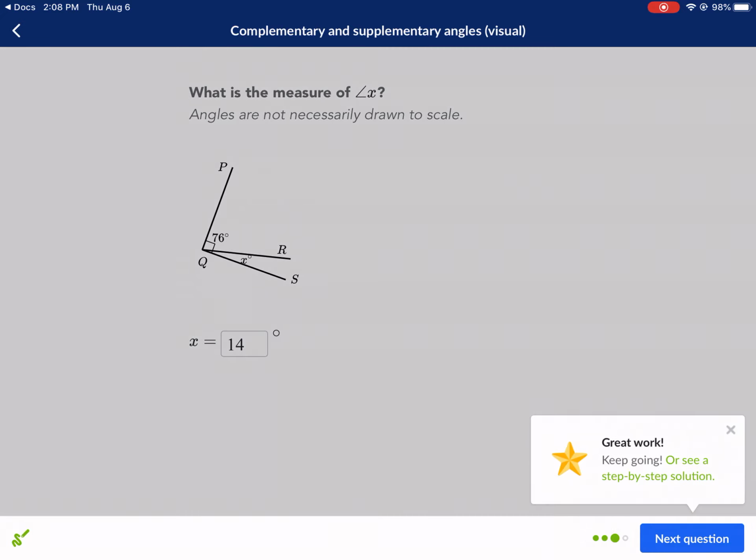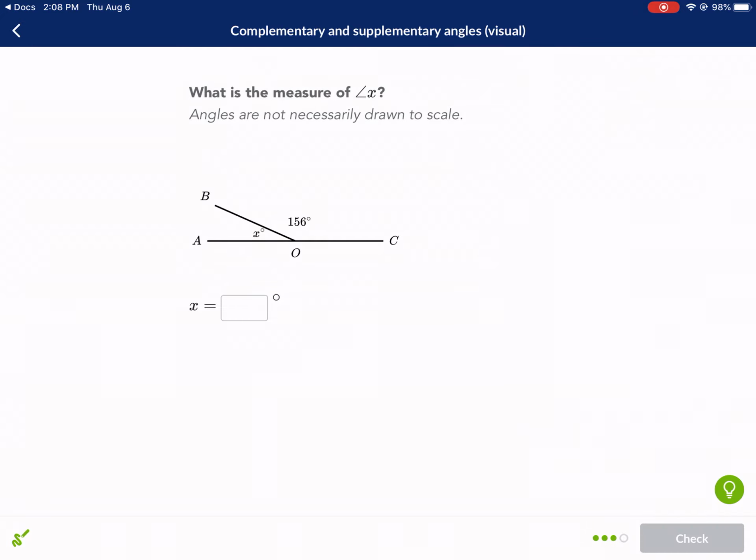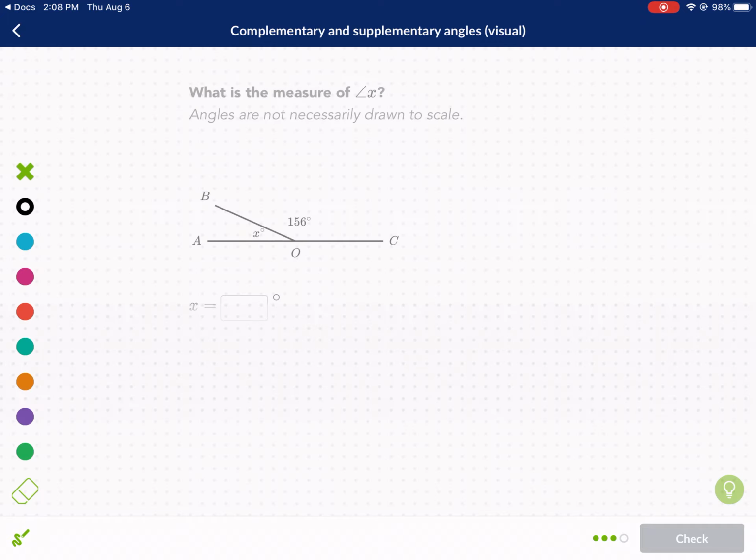Okay, so really all we're doing is we're just subtracting the known angle from the total, based on whether it's complementary or supplementary. So now we have 156 and x, and obviously here it's not 90 degrees, there's no square, it is definitely a straight angle. That means 180 degrees. So we have this teal angle, 156, plus the blue angle, x, and that's going to give us the whole big angle.